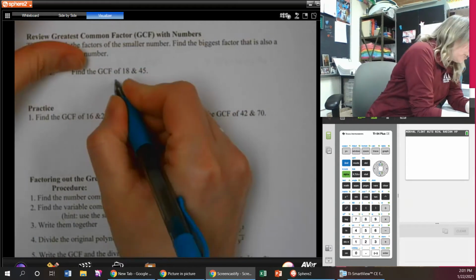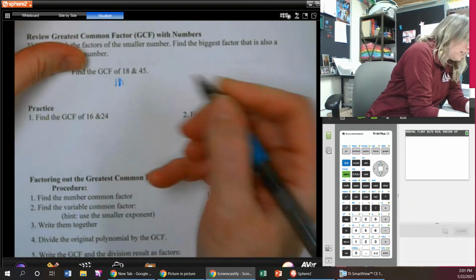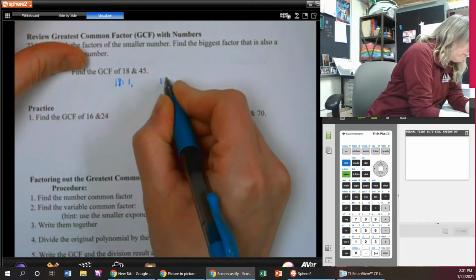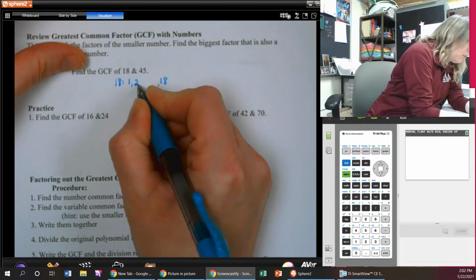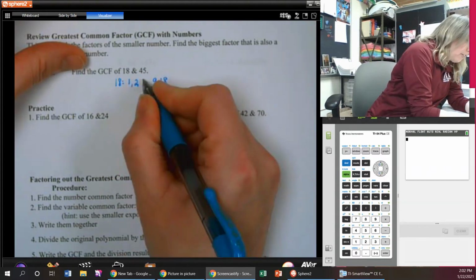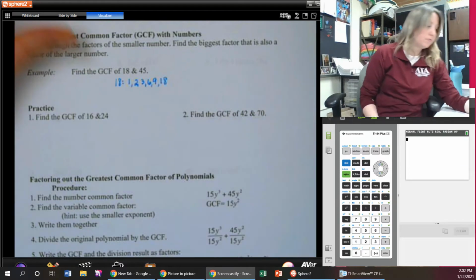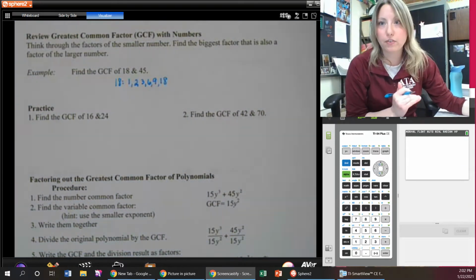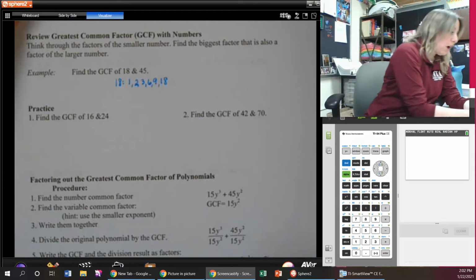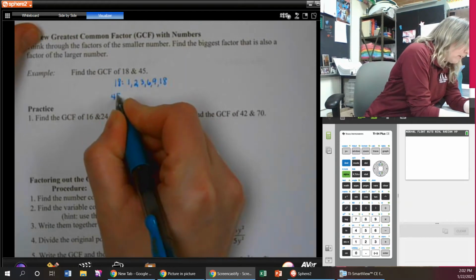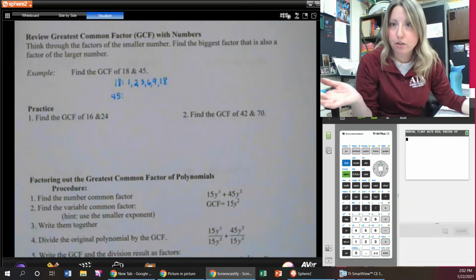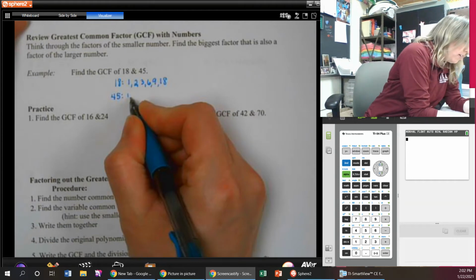To find the GCF, you have to think about all the factors in each term. So in the first term, it's 18. What are the factors of 18? Well, you've got 1 and 18, 2 and 9, 3 and 6. Those are all the factors of 18. Now think of 45. What are all the factors of 45? Well, you've got 1 and 45.